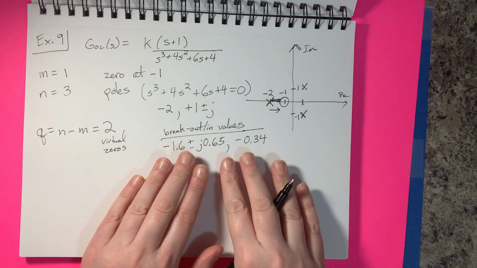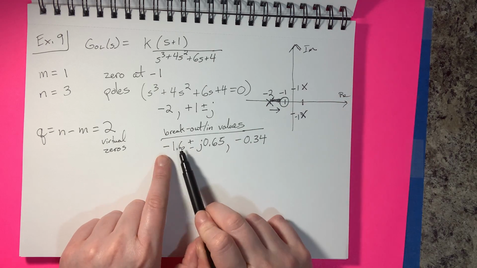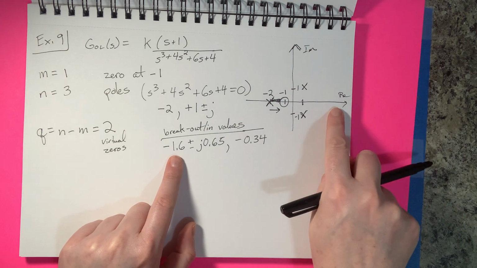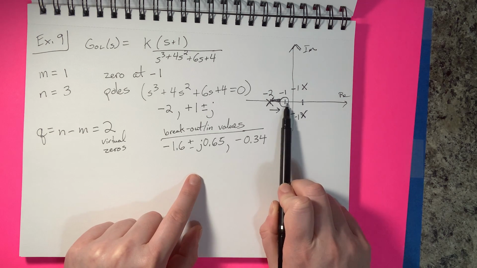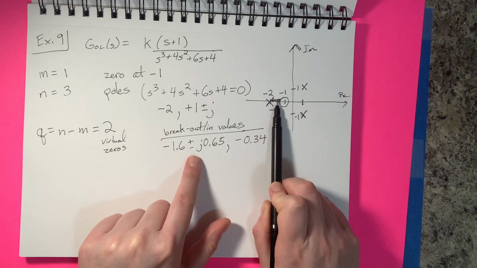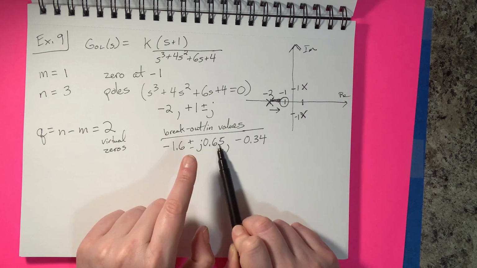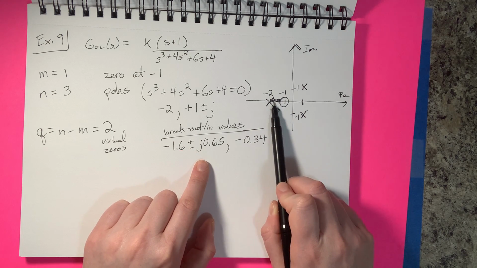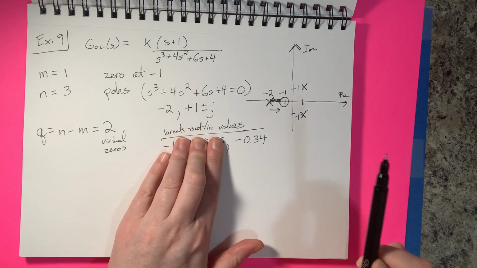Let's see, does that make any sense for our plot? The negative 1.6 is actually right here in this path. That does make sense, but then it's got an imaginary part to it. So we really can't break in or break out of that. So these two values don't make sense.